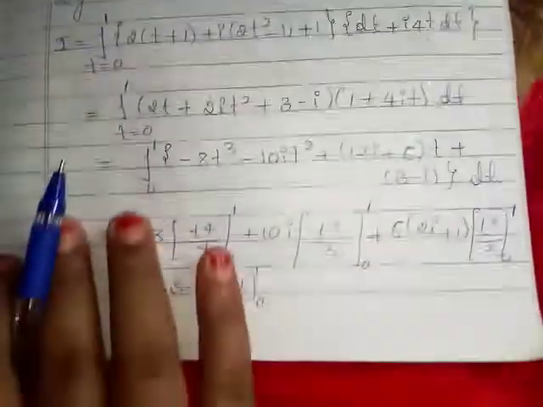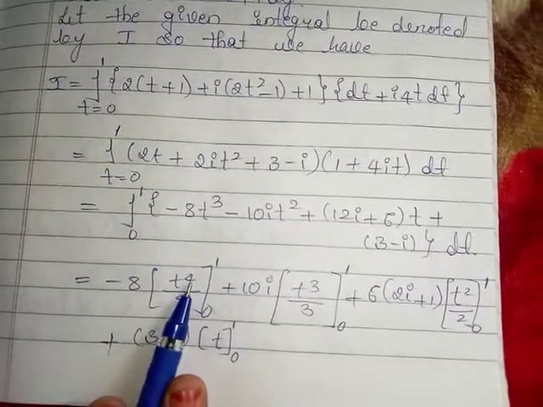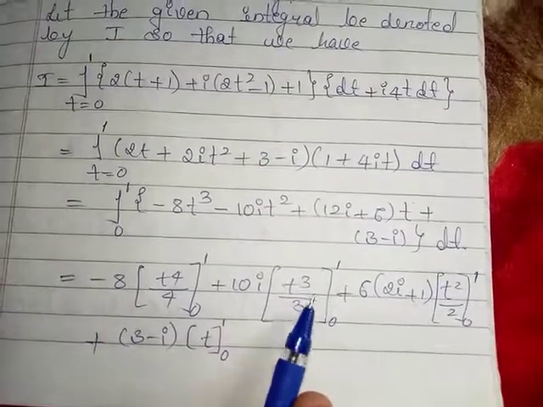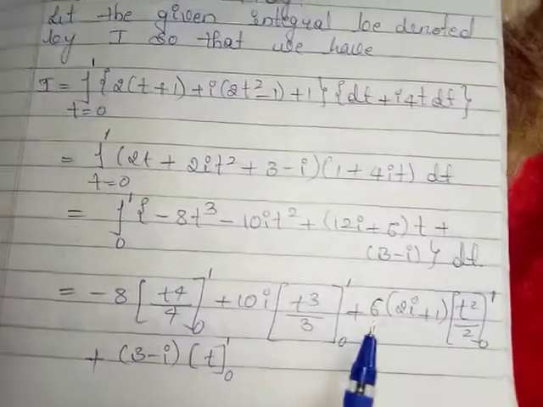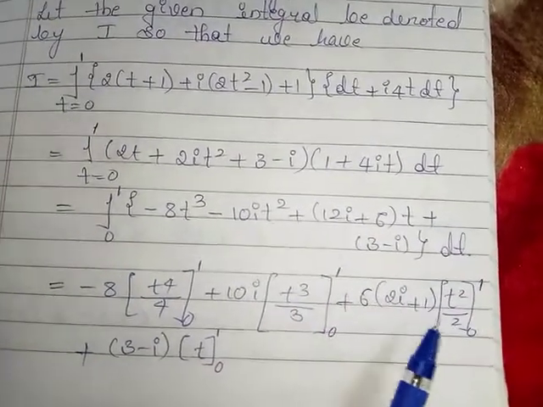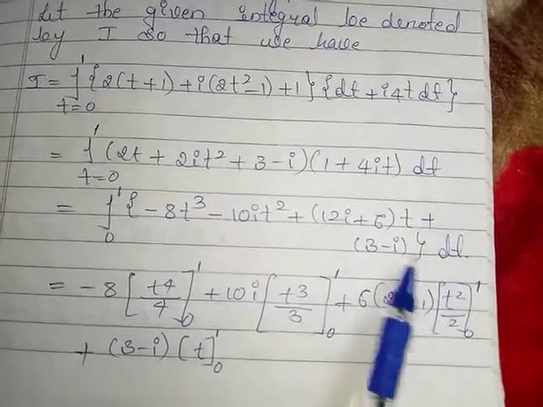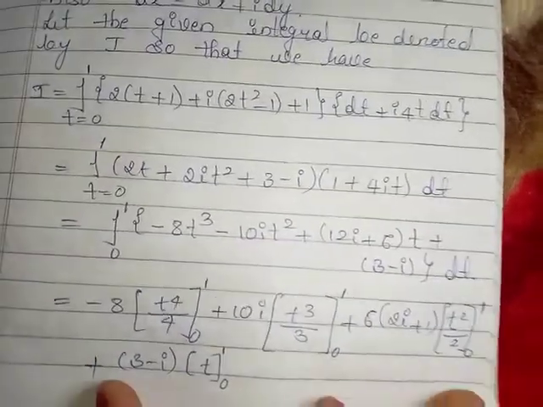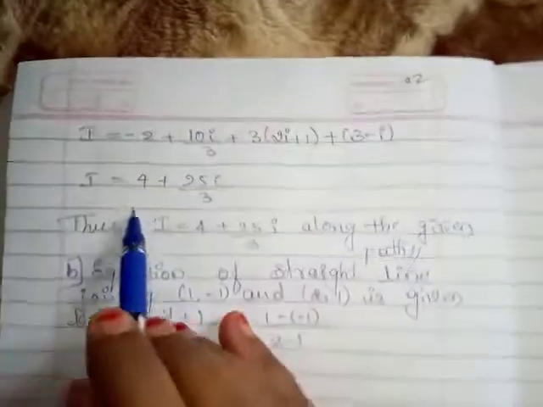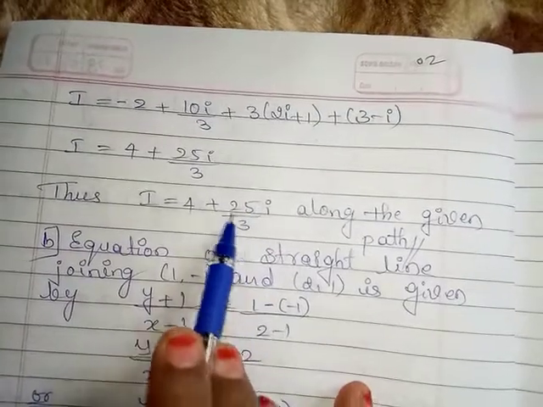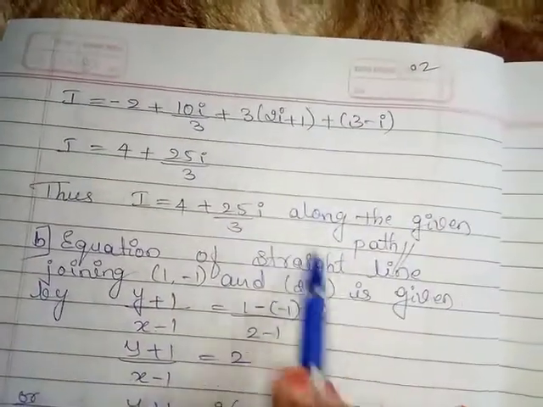Apply the limits: minus 8 into t raised to 4 by 4 limits from 0 to 1, plus 10i into t cube by 3 limits from 0 to 1, plus 6 into (2i plus 1), taking 6 common, into t square by 2 limits from 0 to 1, plus (3 minus i) into t limits from 0 to 1. Apply the limits, upper limit minus lower limit, and solve. We get the integral value I is equal to 4 plus 25 by 3 i along the given path.